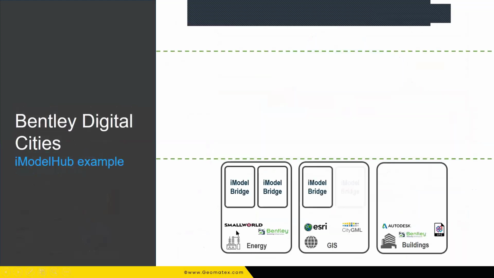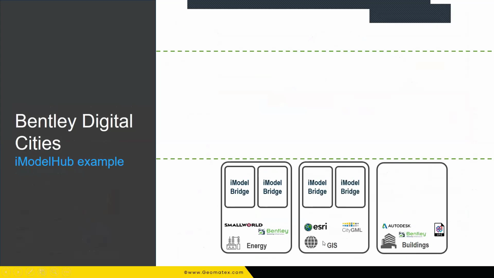Also, every data source: maybe the Ministry of Electricity is using Smallworld from GE, and they are using Bentley. People from the GIS in the municipality are using Esri, and one of the building developers is using Autodesk or Bentley or maybe IFC. So how can we put data all together?